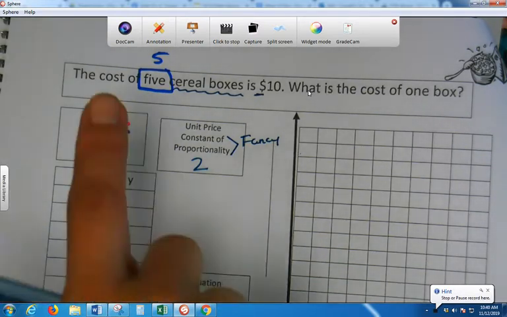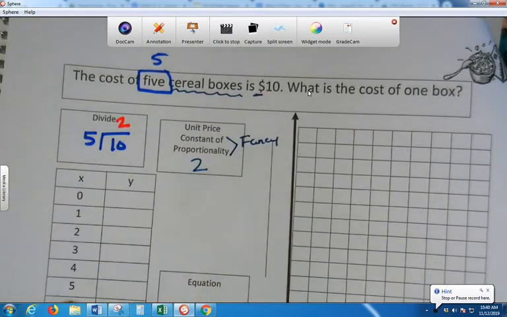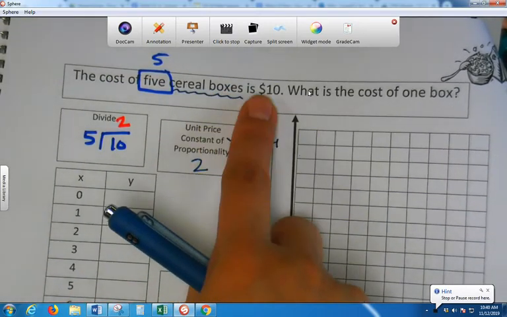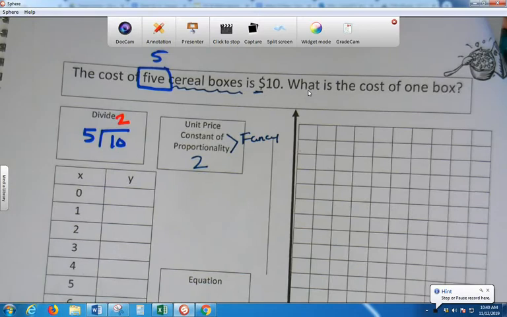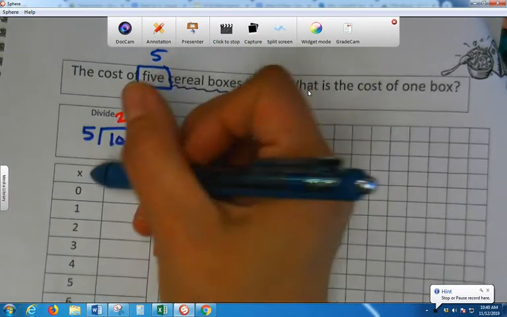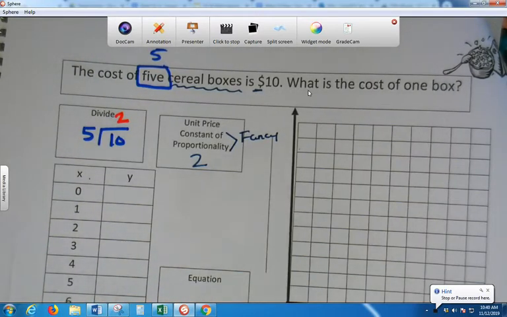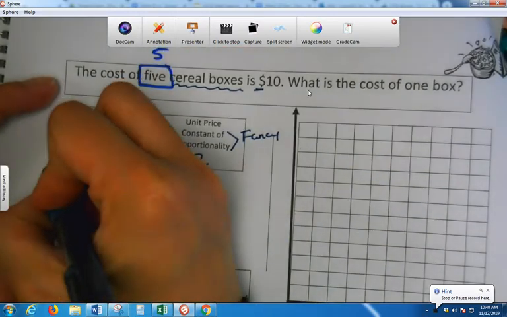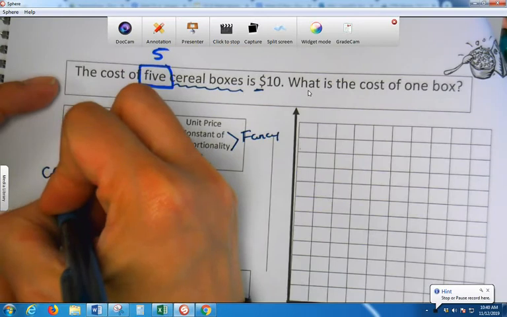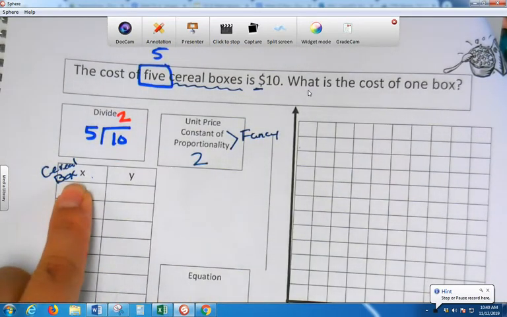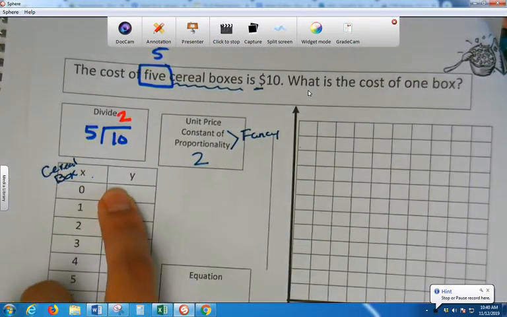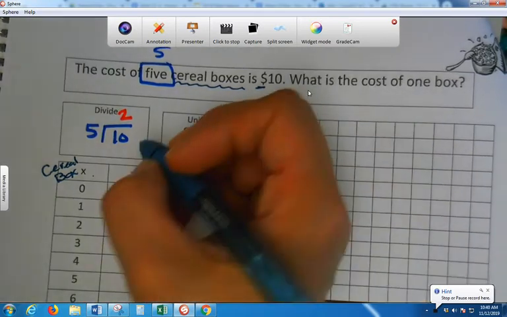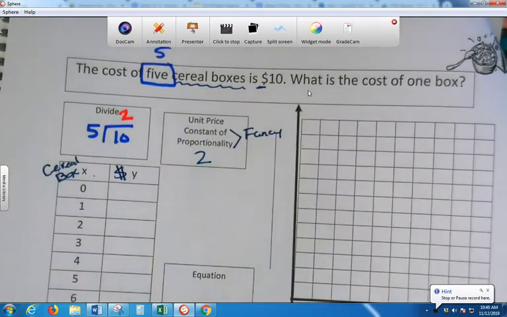One of them represents your X, and the other one represents your Y. So, what does X represent in our story? Yes, so we're going to label this cereal boxes. X represents cereal boxes, so therefore, what does Y represent? Money, cost of money, so we're going to put the $ sign.